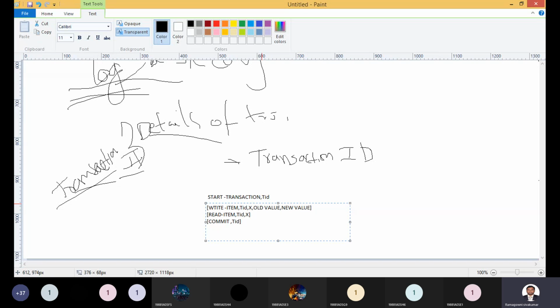In the failure condition, it is going to be an abort, right? Abort with that transaction ID information.